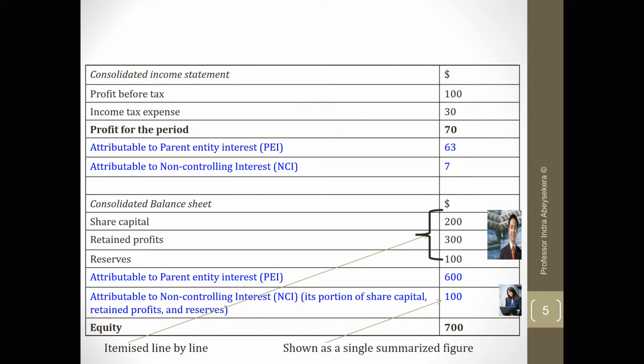So in the consolidation balance sheet, each component of shareholders' equity is the parent entity's interest, and with that, the non-controlling interest is added together to make the total equity in the group.